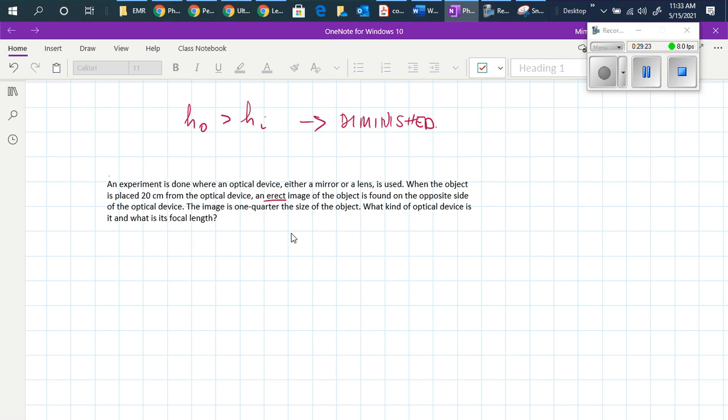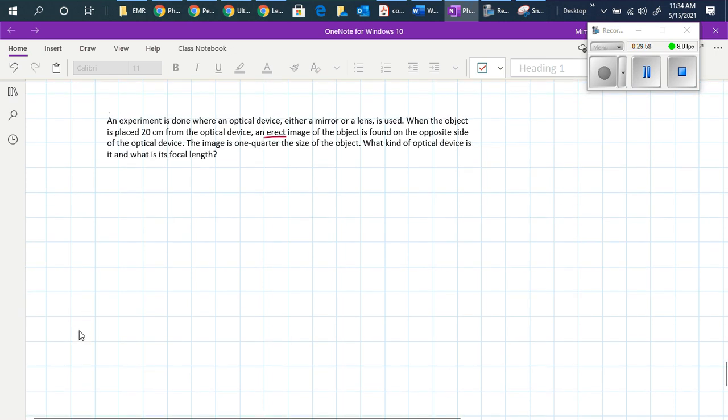So now we have the case where we have a virtual image that is on the other side of the object. The only way that this can happen is with convex or diverging mirrors. Okay, however, let's do the math and see this.